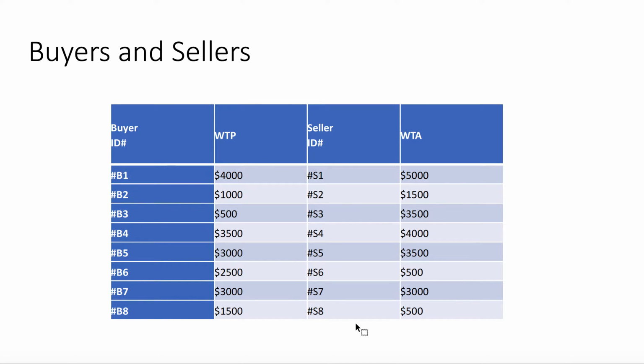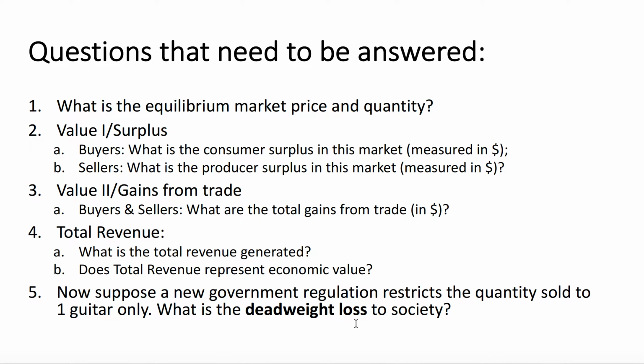You can see they're all over the board. Buyers range from a high of 4,000 down to a low of 500. Sellers range from a low of 500 up to a high of 5,000. So those are the basic facts as we know them for this market.